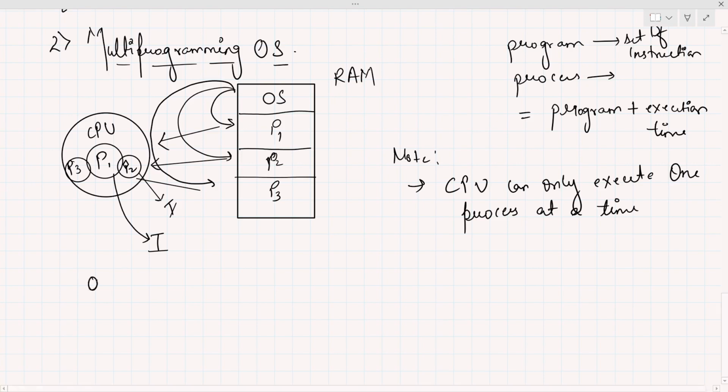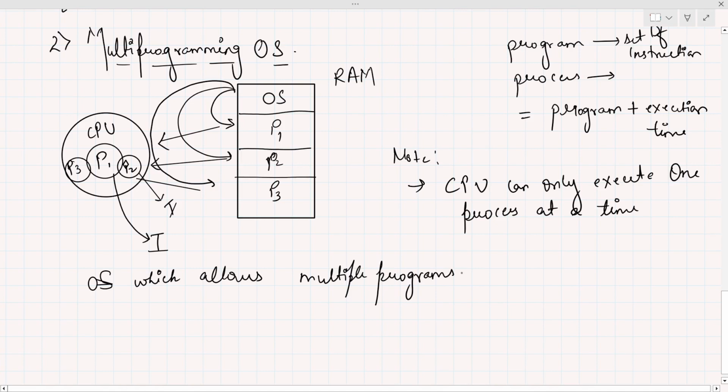A multi-programming operating system is one which allows multiple programs to be in main memory.